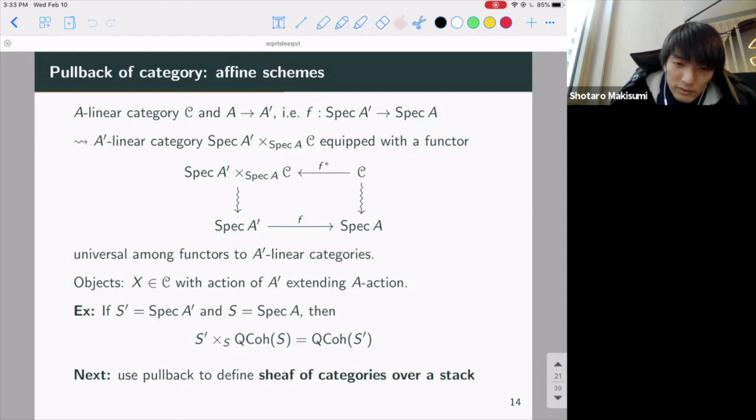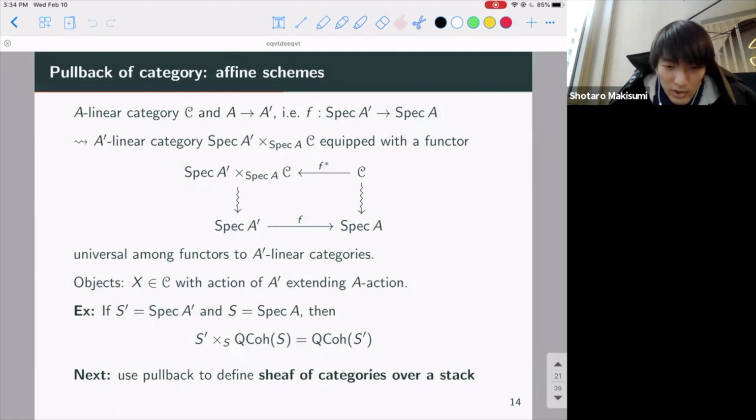And then I want to define a new category where the objects are an object of C together with some action of A prime that extends the existing A action.